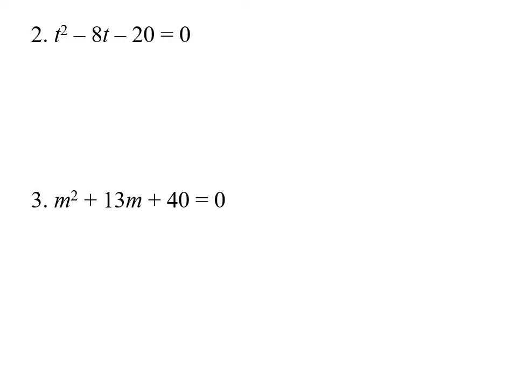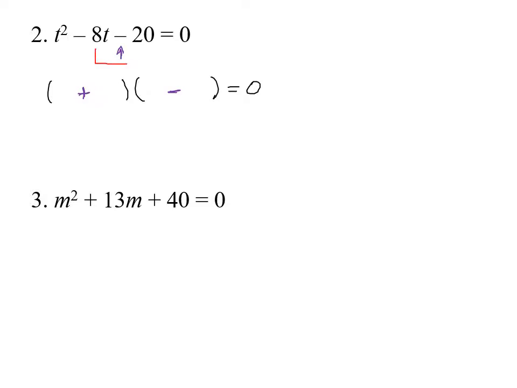So like on this first one. It's already equal to 0, so we don't have to worry about that. So I just need to factor the left-hand side. Notice there's a minus sign here. So that will tell me in my 2 sets of parentheses that I need a positive and a negative.